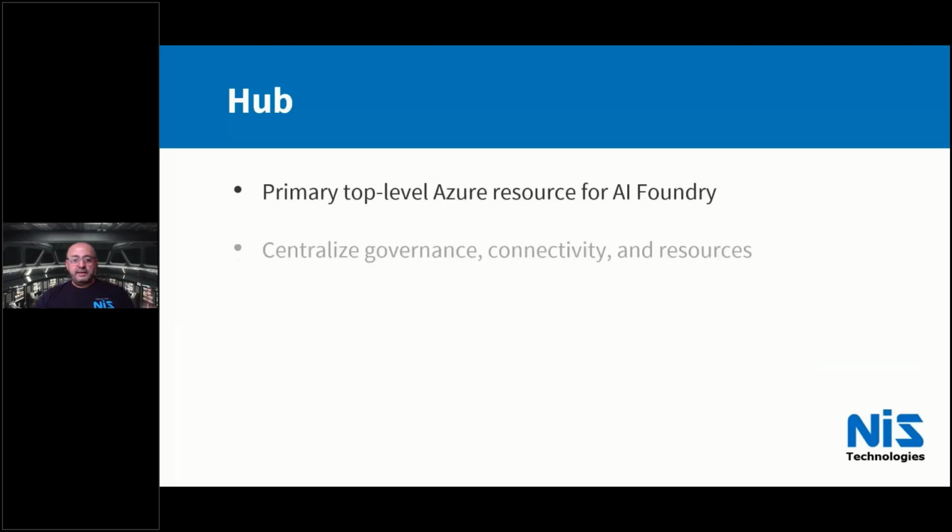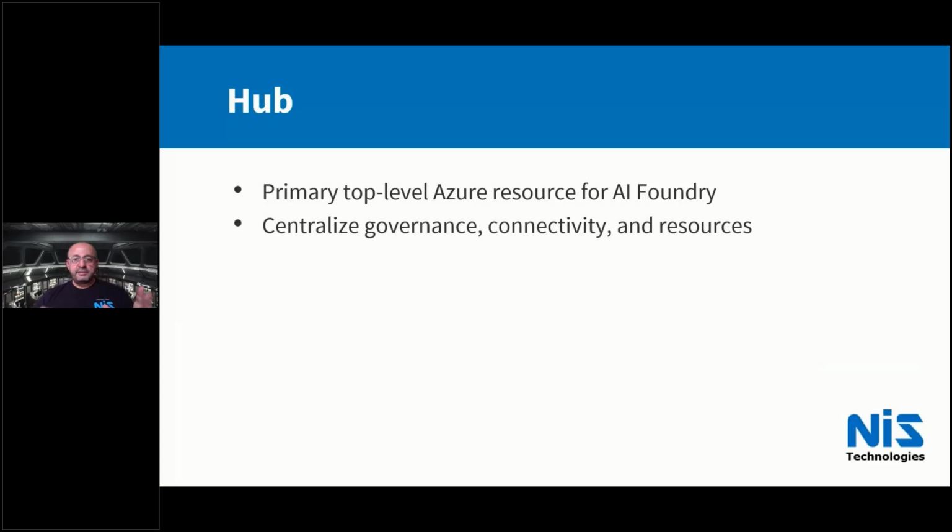More specifically, the hub acts as the primary top-level Azure resource for the AI Foundry. It gives me the ability to centralize the governance, resources, and connectivity, as well as a variety of other resources that can be contained within that hub and shared among all the projects.